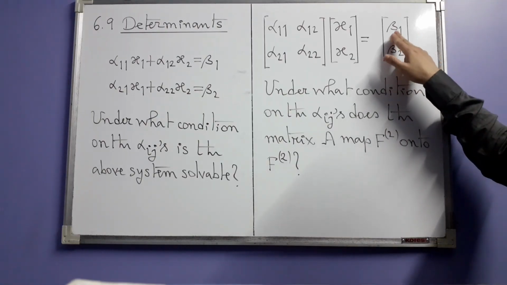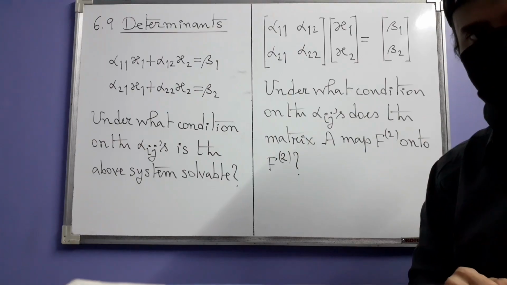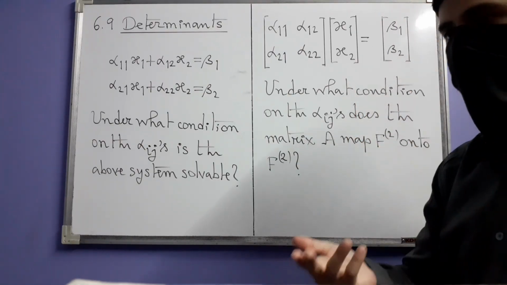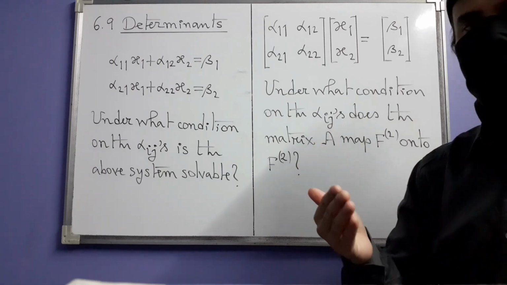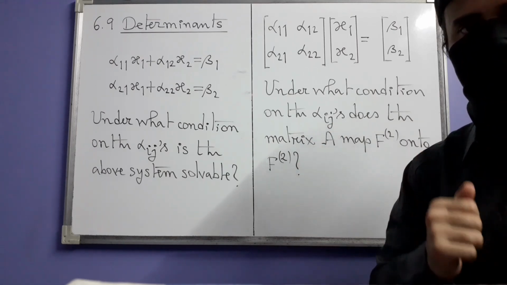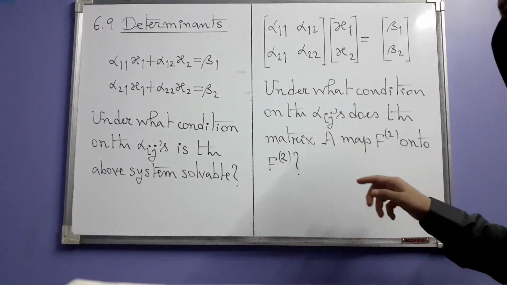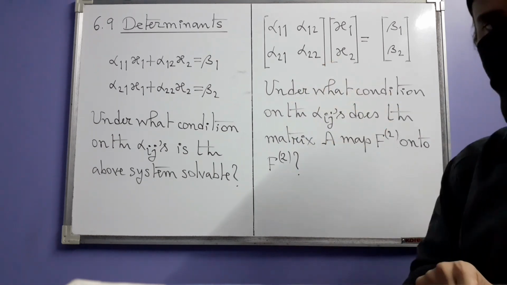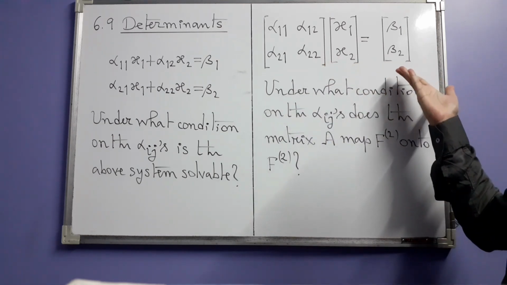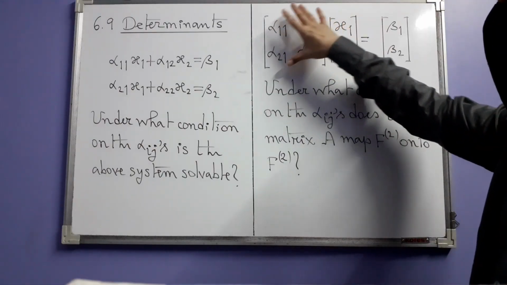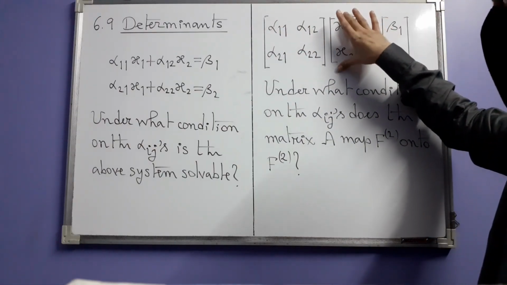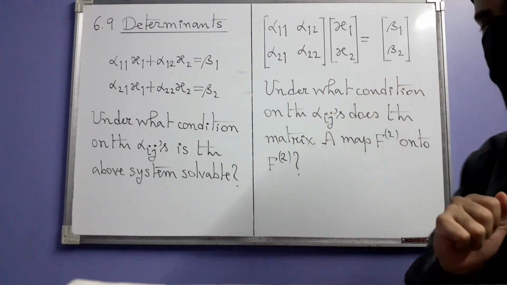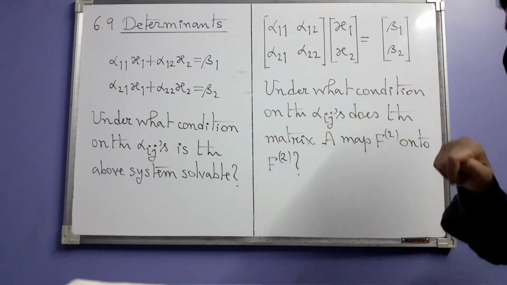For example, this matrix is not an ordered pair, but this matrix can be thought of in place of the ordered pair whose first coordinate is beta 1 and second coordinate is beta 2. And in what sense is this matrix mapping F2 into F2? In this sense, that you multiply any element of F2 by this matrix and you get another element of F2. But why are we asking this question here?